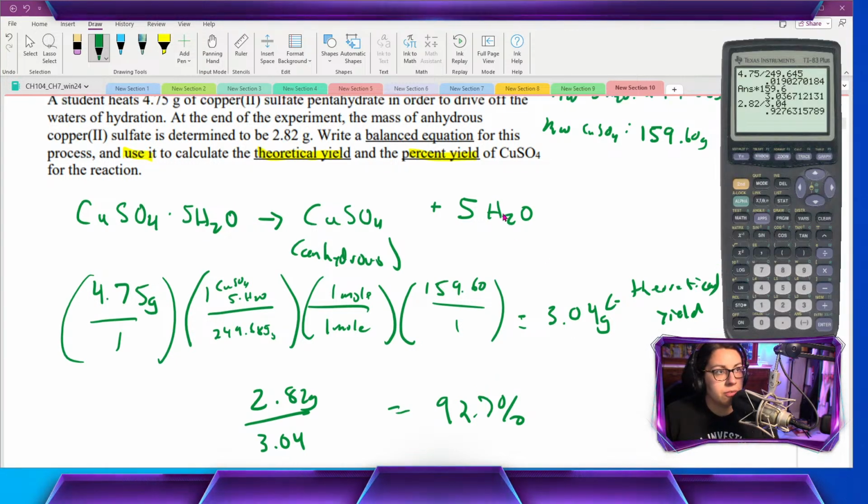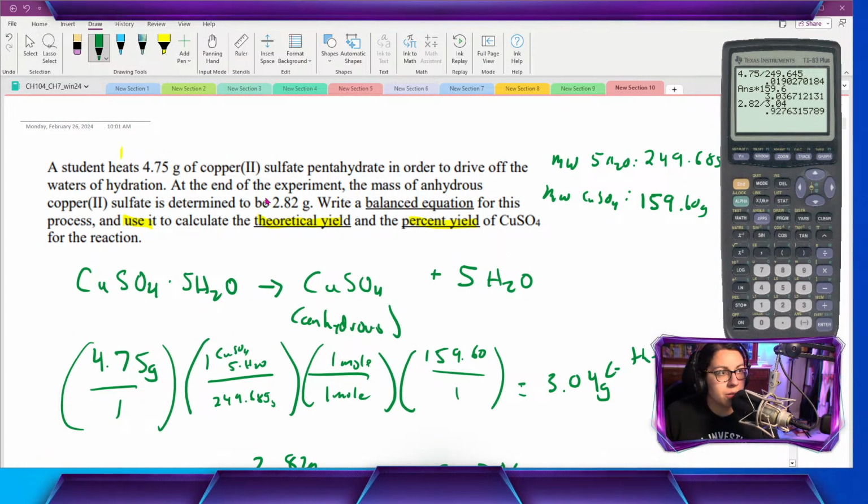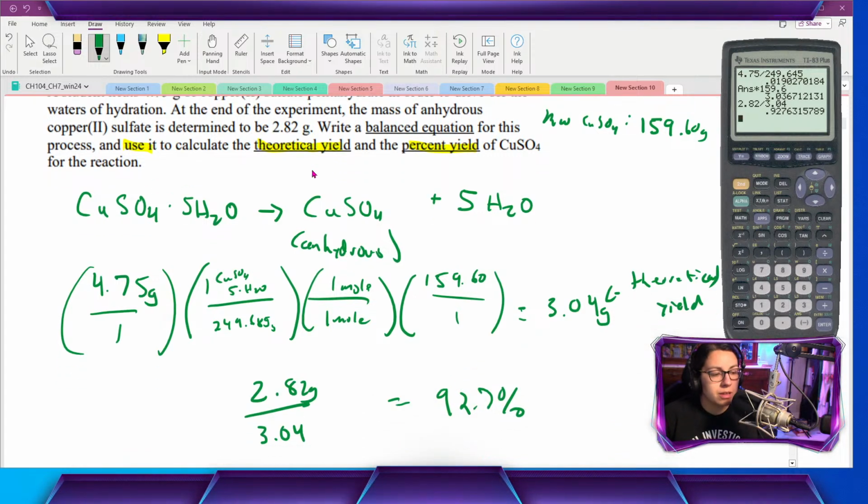And on sig figs, again, you're just limited by what you're given in the problem, so make sure you keep those sig figs consistent. That was really the biggest error in the exams, just thinking back to the exams. But overall, really good scores. People are doing really well in this class right now, so I'm pretty pleased with y'all. So keep up the good work.